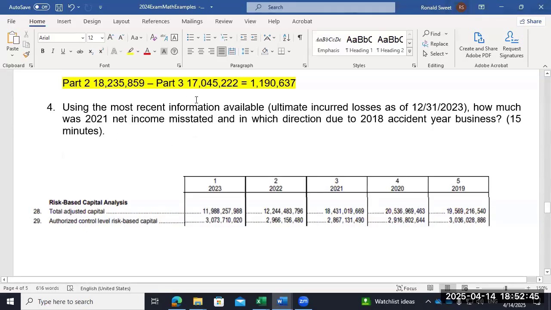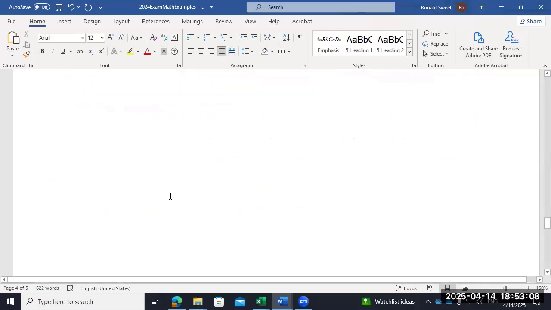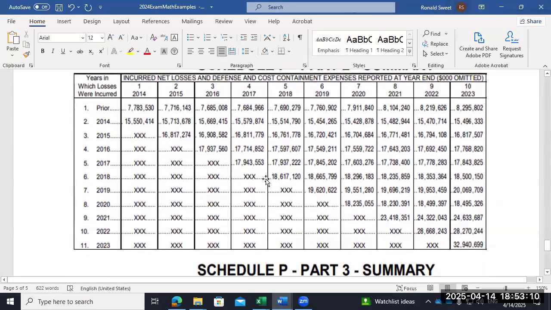All right. So let's look at the most recent information available. That's what they thought as of 12/31/2023. As of 12/31/2023, their incurred was, I stuck with 2008 the whole time, 18,500,159.